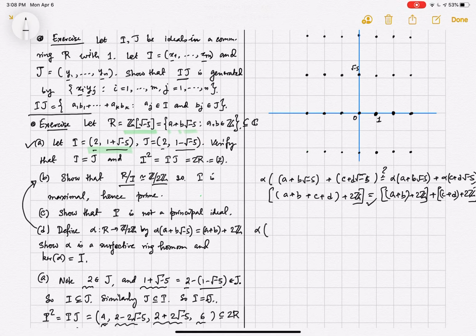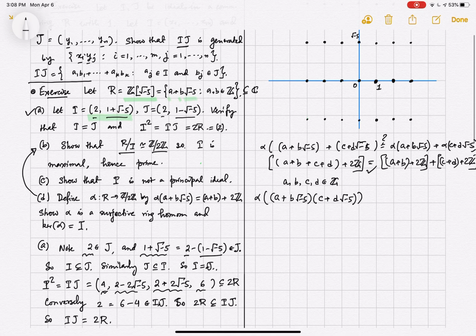What about the multiplication? Let's verify that. Alpha of, so you take two things from R, a plus b square root of minus 5 and c plus d square root of minus 5, where a, b, c, d are integers. And I want to check that this is equal to alpha of the first thing times alpha of the second thing.